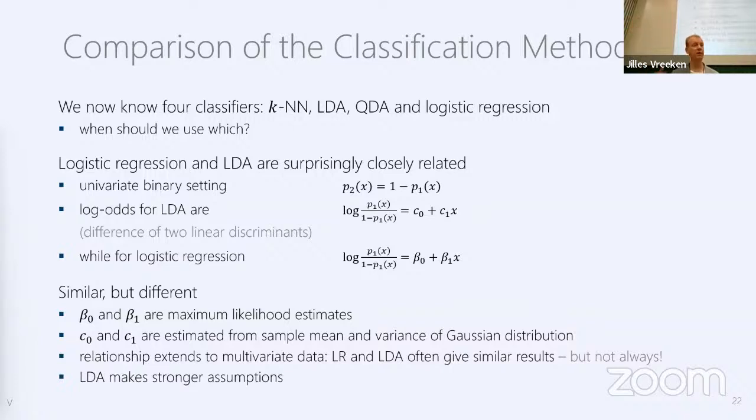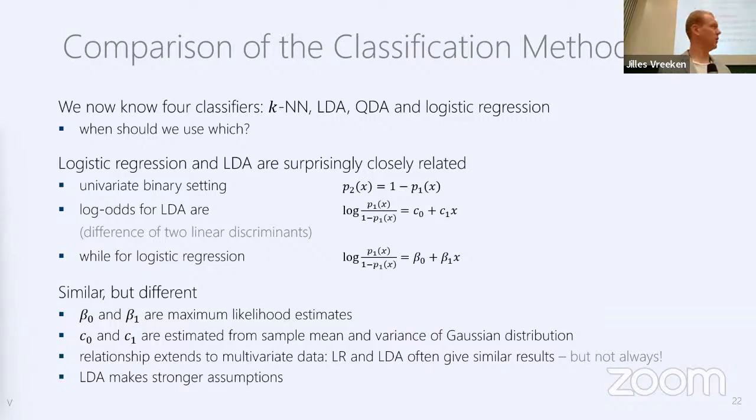So they're defined by the mean and the variance of these Gaussians. If I move around the means and the variance, this is how I define my line. That's what these C's are. So similar yet a bit different. Now, in practice, they often, but not always, give the same results.